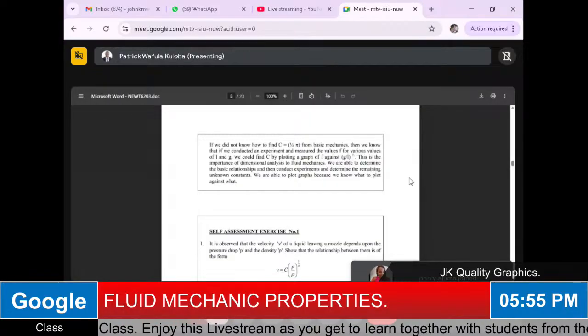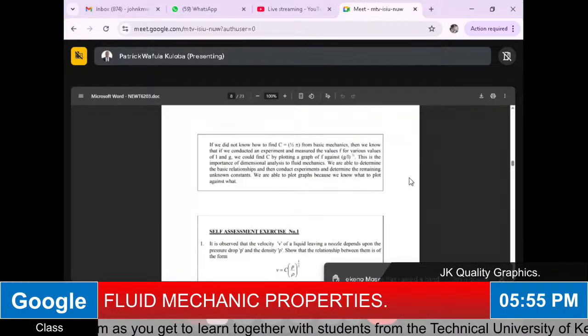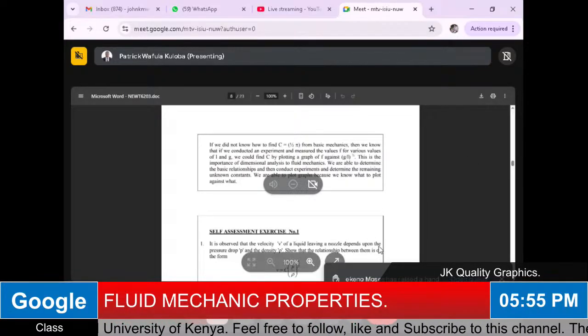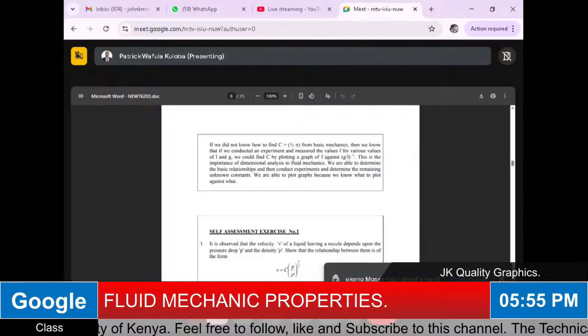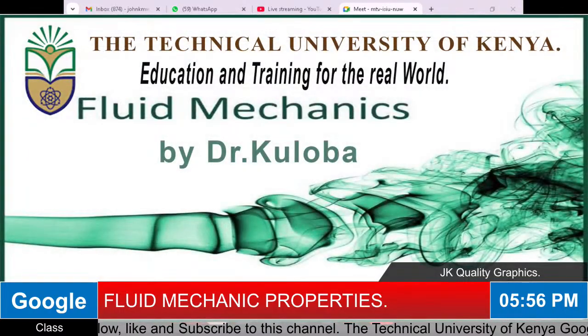We have L raised to 1 is equal to L raised to minus A, and then you have L raised to 3B. So equating the indices, you get 1 is equal to minus A plus 3B. Let's go to the next one.